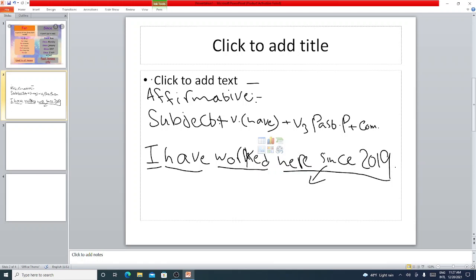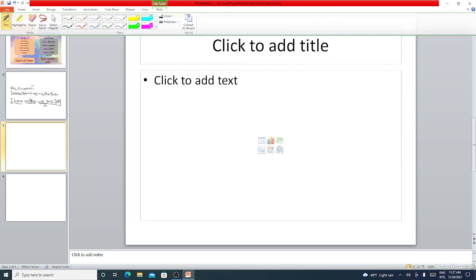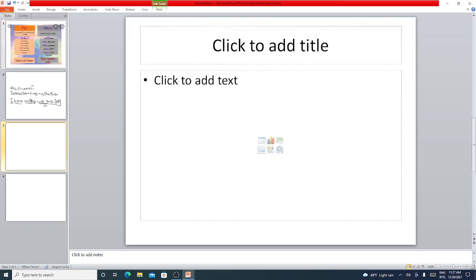Okay? Now, let's talk about the negative sentences and how can we negate a sentence using this tense. Okay, negative. So subject plus have or has, also based on the subject.